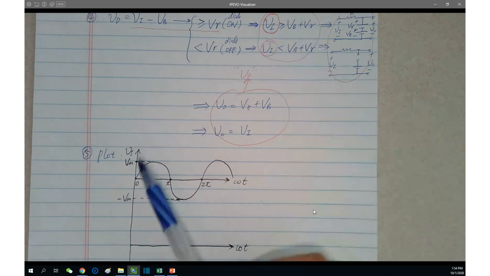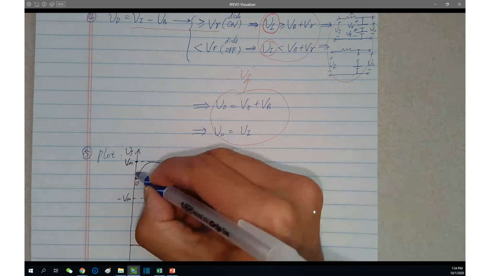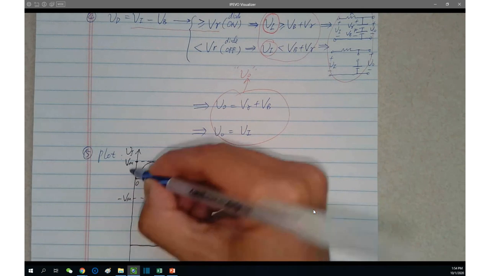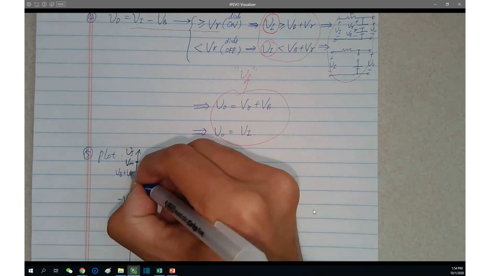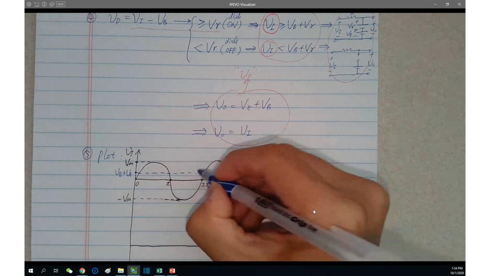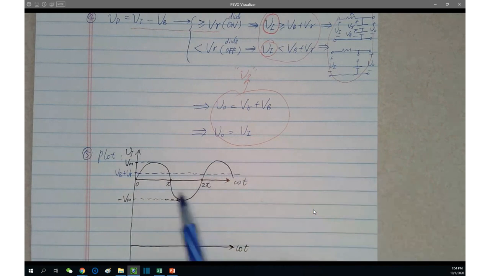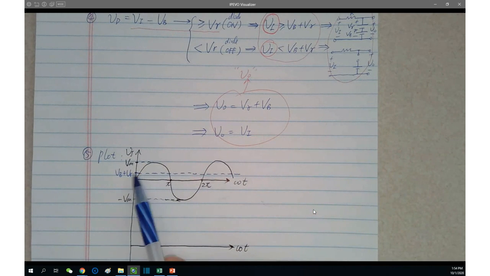So your VI, which is sinusoidal, is compared with a constant with the value of VB plus V gamma. Does this make sense, this idea? You just plot this constant into the graph. The black sinusoidal is compared with the blue dashed line here. Does it make sense to you?